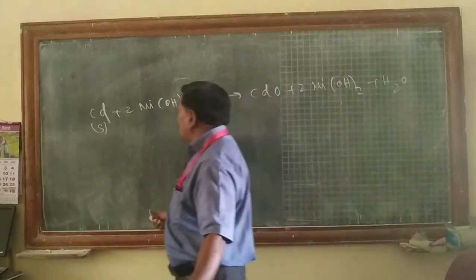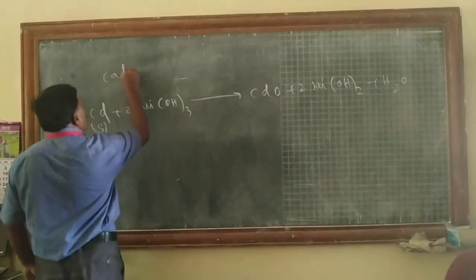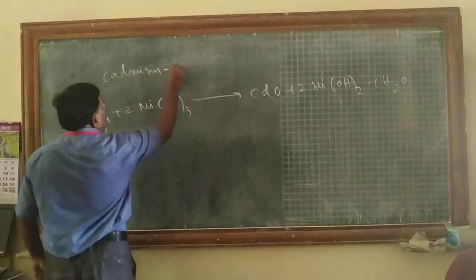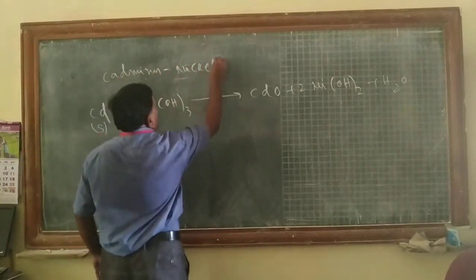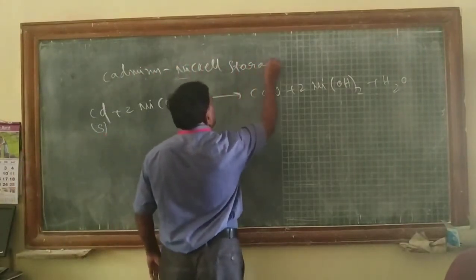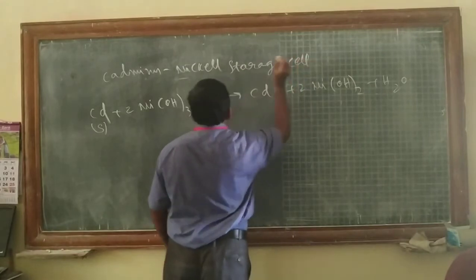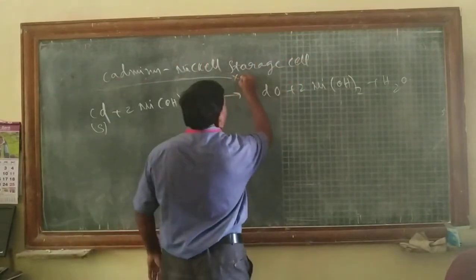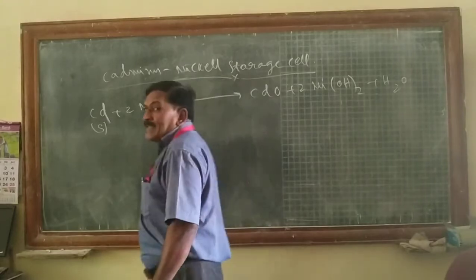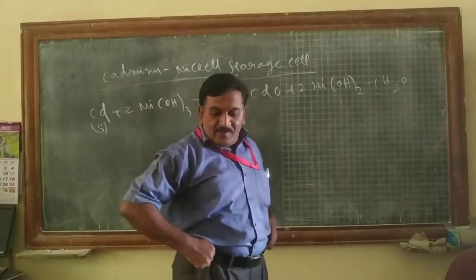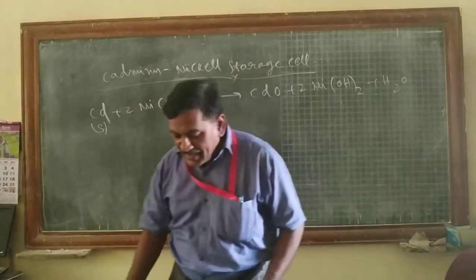So this reaction occurs in the cadmium nickel storage cell. This cell will be called a secondary cell.